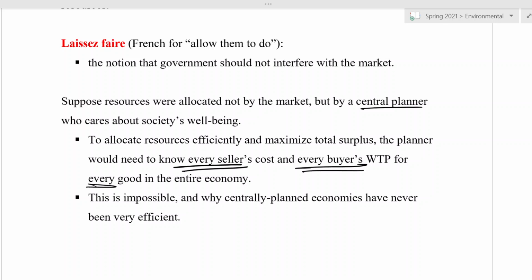And so that is why when we have seen some centralized economies try to operate in the past, there are often a lot of shortages or surpluses, and ultimately we don't end up with a very efficient allocation of the goods in the economy.